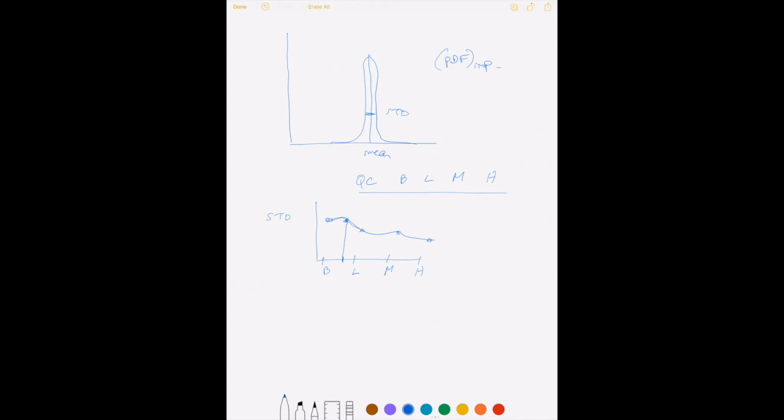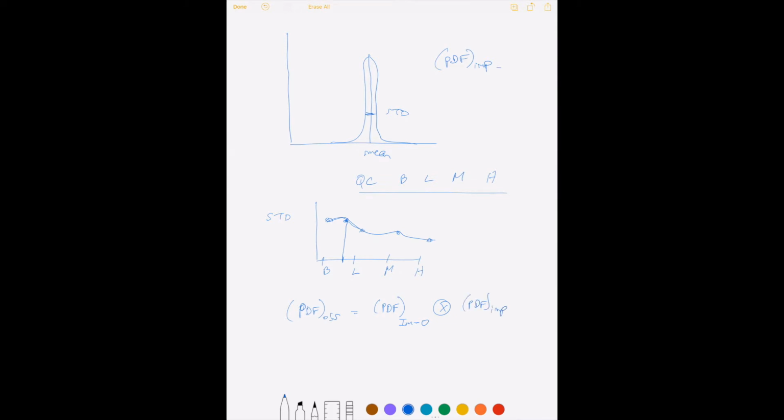All right, so it turns out we can take the probability distribution function observed, and that's equal to the probability distribution function, the true one without imprecision equals 0, convoluted with the probability distribution function for the imprecision.